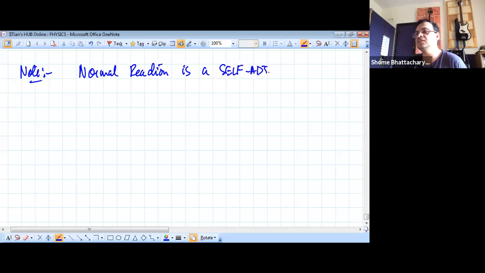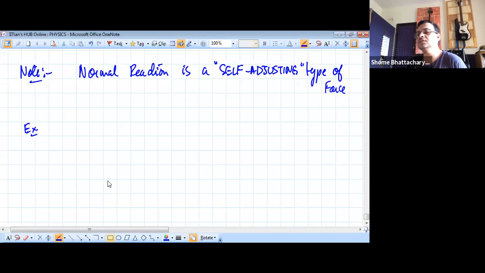It's a self-adjusting type of force. That means it adjusts itself according to the external situation. So what we mean by this, let's understand with this example.